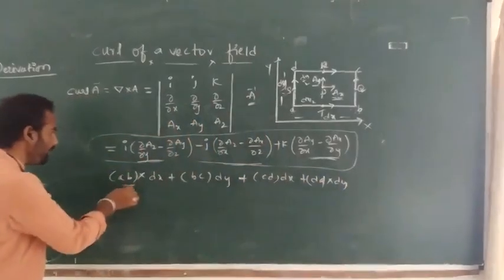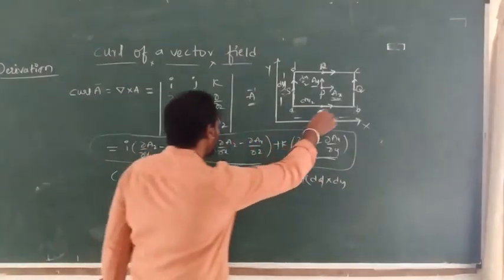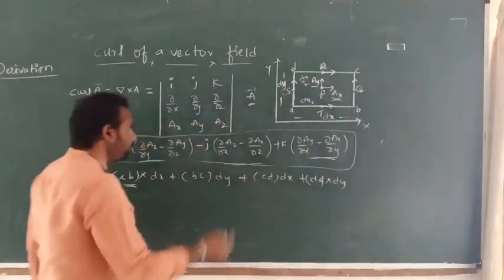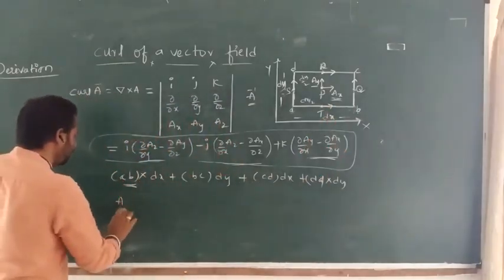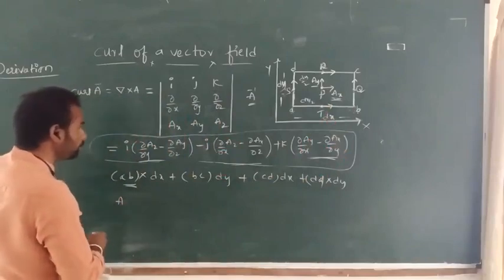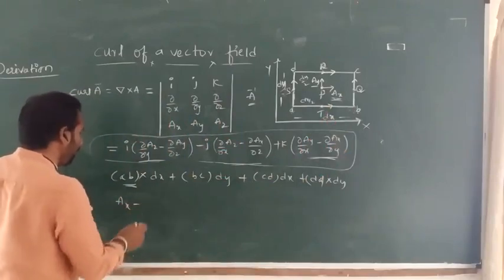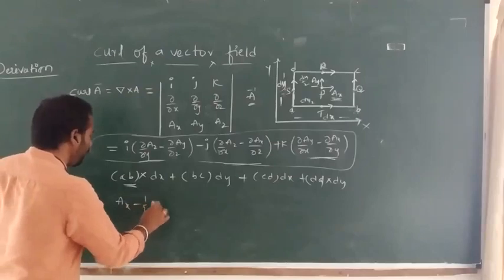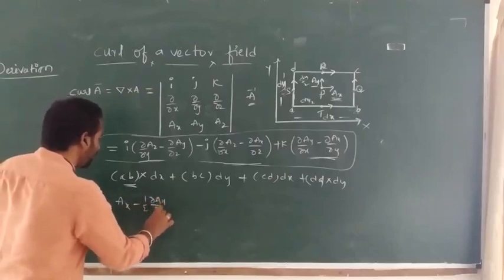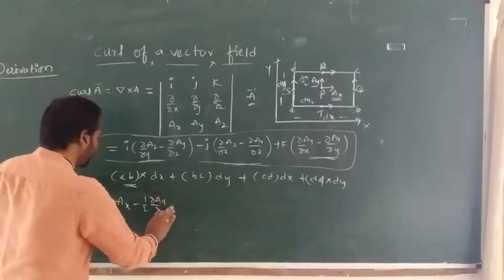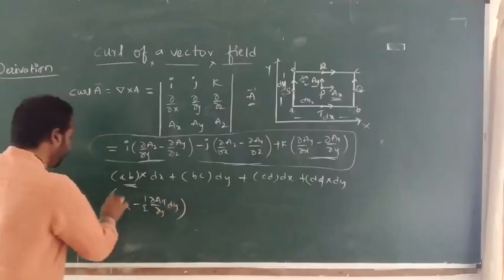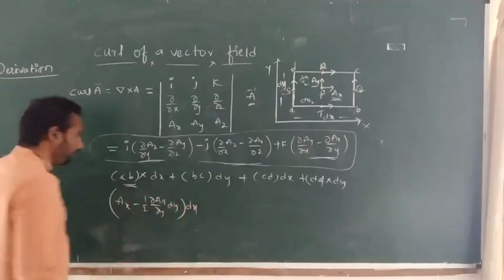Now, what about AB? Along AB, what is the value we got? Ax minus half dou Ax by dou y into dy, into dx, isn't it?